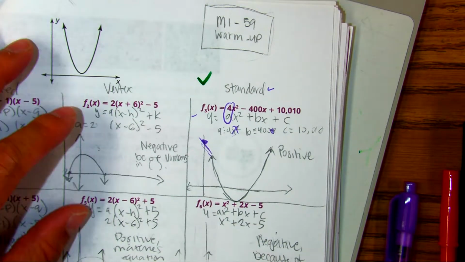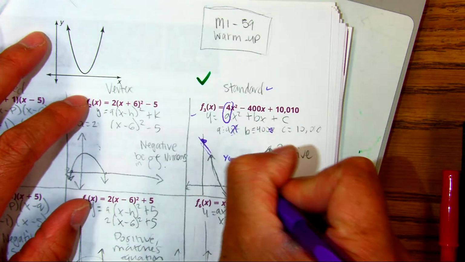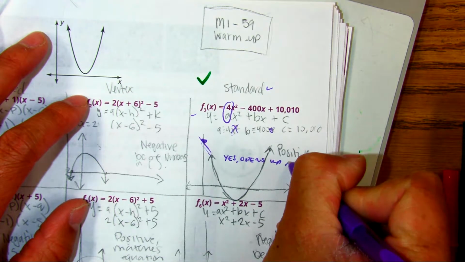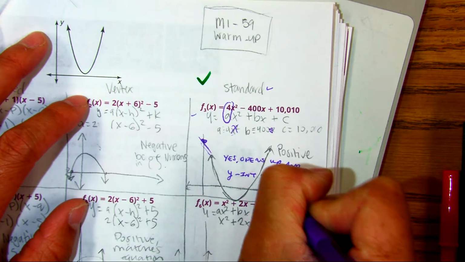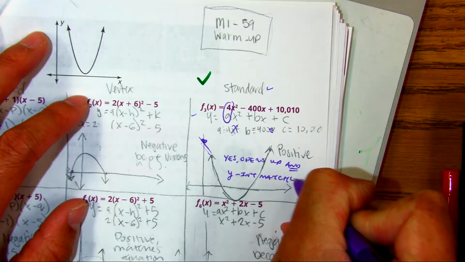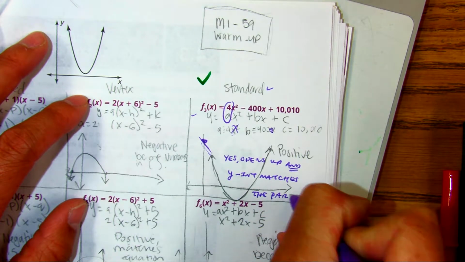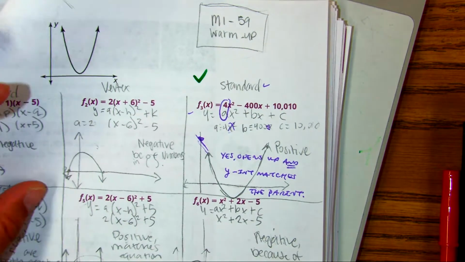Describe or explain. That's using words. So yes, opens up, and y-intercept matches the parent. So that was for question number 3.